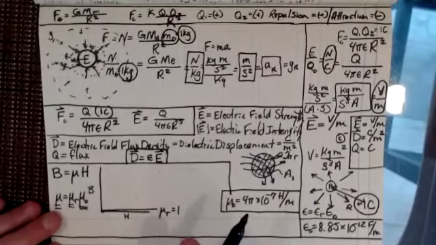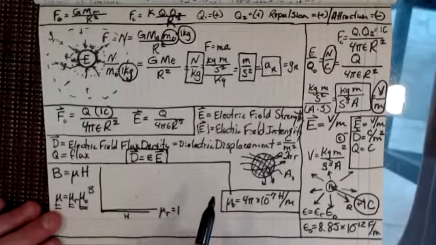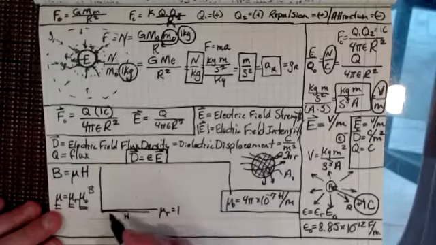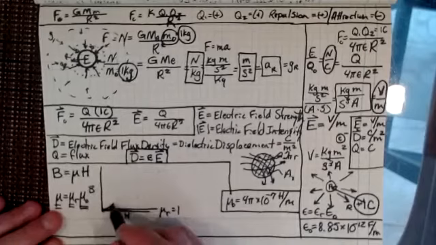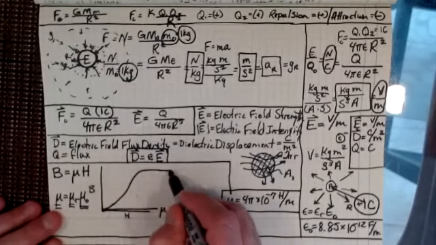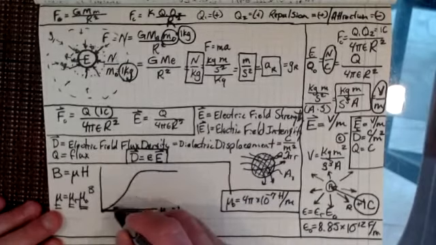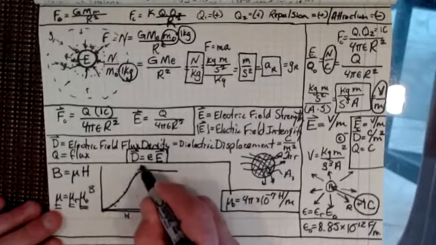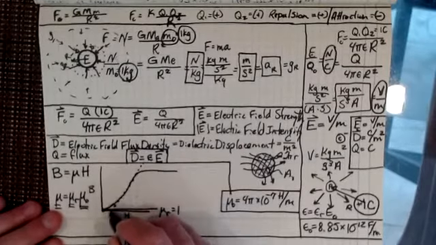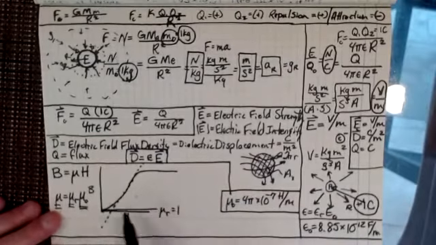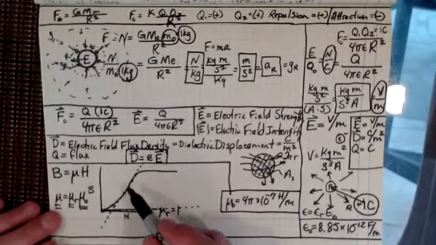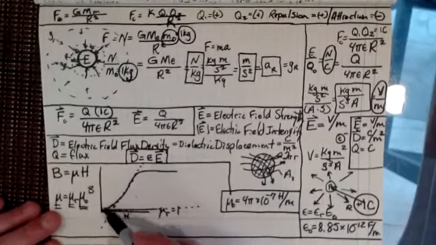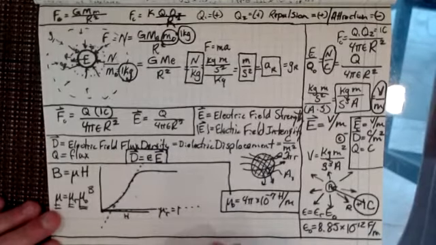But we know with steel that steel looks like this. And right here, look at the slope of that line as compared to the slope of this line. I should have drawn that straight up, really, for steel.